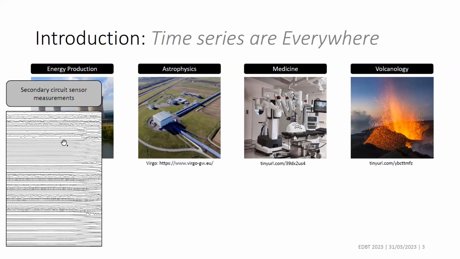Here you can see, for instance, a multivariate time series from a nuclear power plant in France. These are 128 sensors measuring what is happening: the pressure, the temperature, everything that is happening at the power plant on the secondary circuit. So not the core, but the part that brings the water to hit the turbine and make the turbine turn.